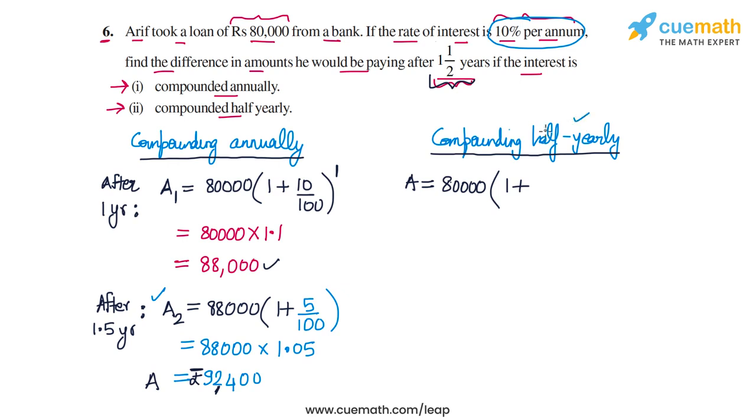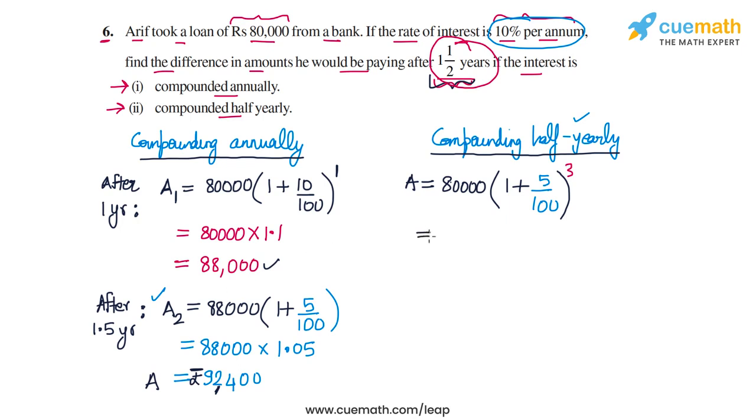So for every half year cycle, the rate of interest will be 5%. The number of cycles of compounding will be 3, because the total time period is 1.5 years.